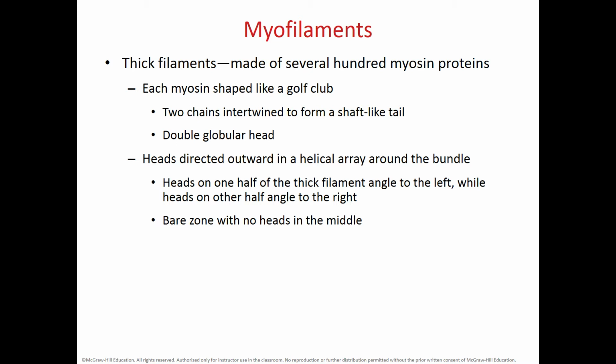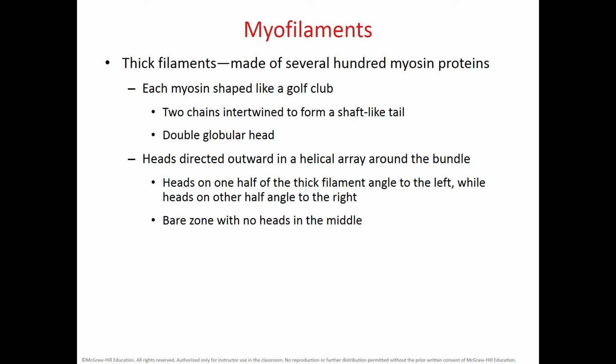And each of these thick filaments made out of myosin have a shape like a golf club. So it has a shaft or tail that is made out of two chains that makes like a helix, and then it has a head. This head moves or flexes to connect to the thin filaments.